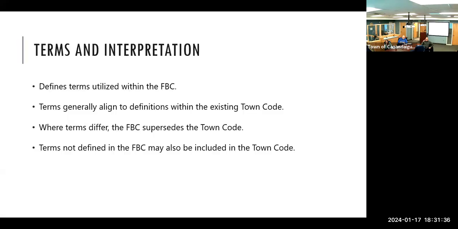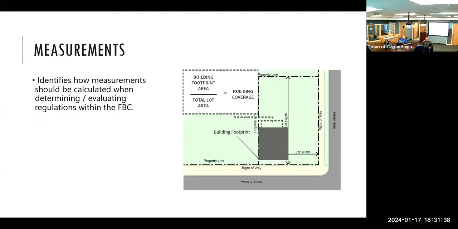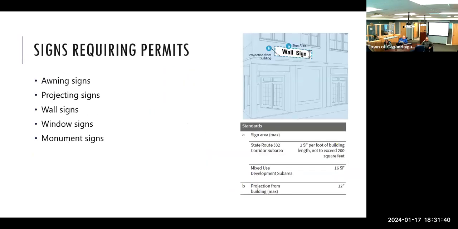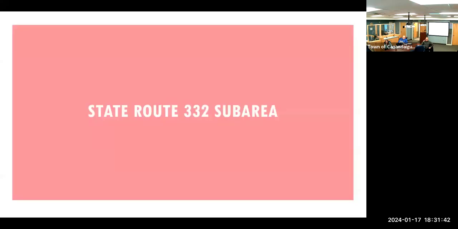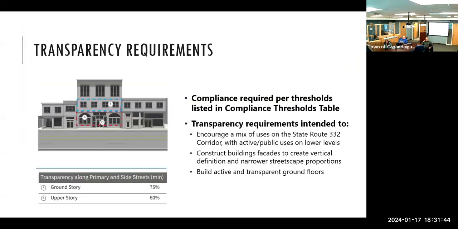Yeah, there's a whole section on transparency requirements. So within the 332 sub area, single family residential is not allowed.